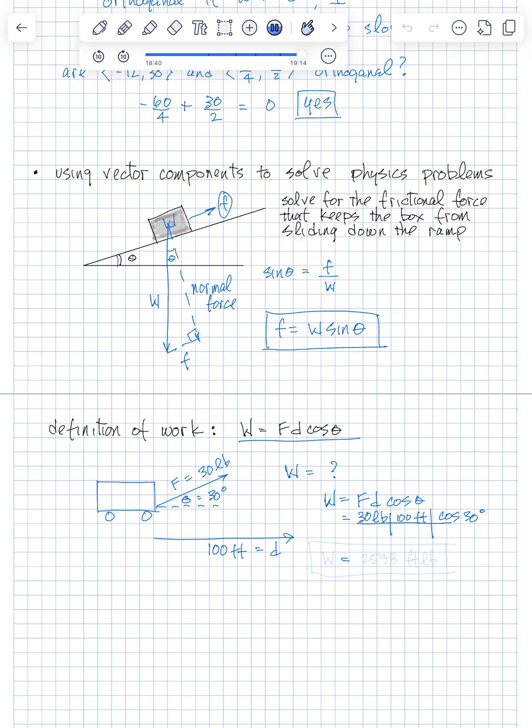Put that into your calculator, and we get 2,598. Now, the units, pound and feet. Sometimes they use foot pounds. Sometimes they say it's pound feet. Either is okay, and that pound feet is a unit of work. Okay, that's it for 6.4.